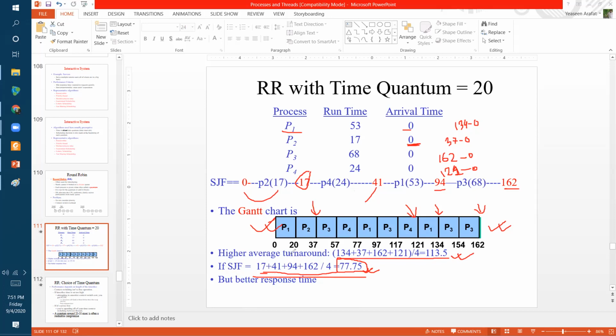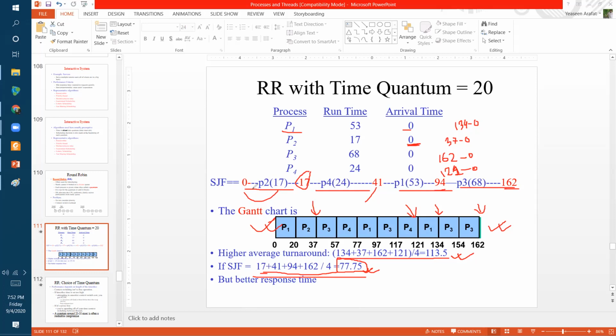But the main theme is, when a process gets the chance to work, it works fine.